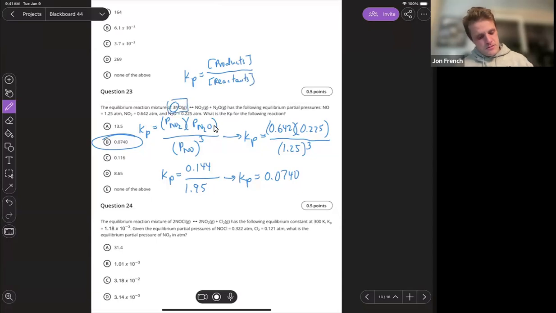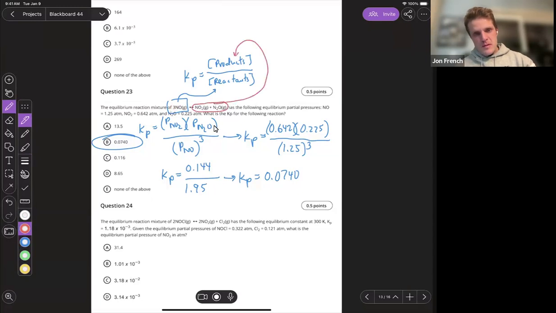The nitrogen monoxide, kind of hard to see because I wrote over it, that is a reactant, and these two are my products. It is on the left side of this reaction.